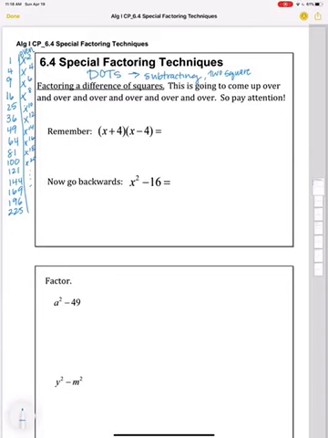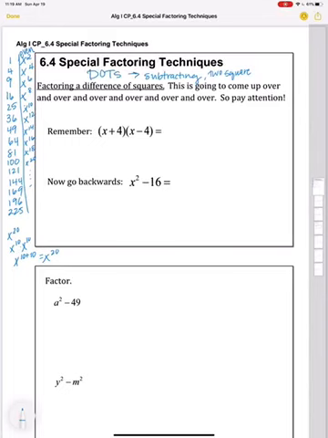Remember with exponents, how do we get x to the, let's say, 20th? We do x to the 10th times x to the 10th, because you add, right? 10 plus 10 gives you x to the 20th. As long as you can split it up into two equal parts, it's considered a perfect square.